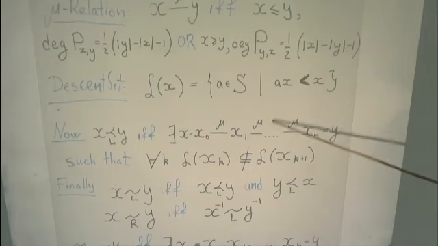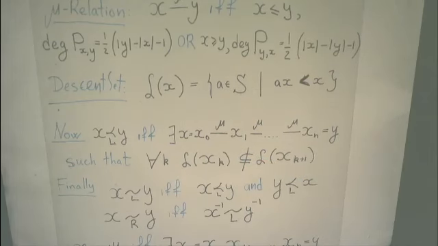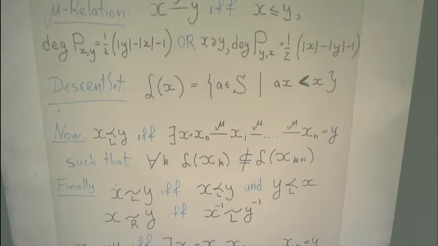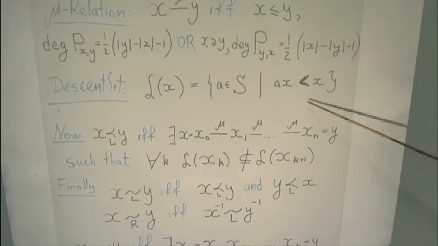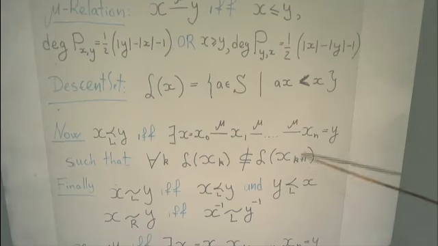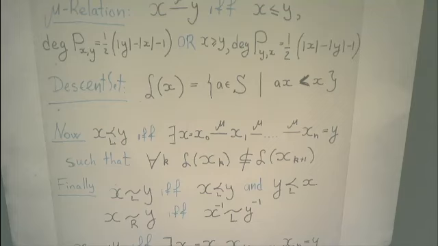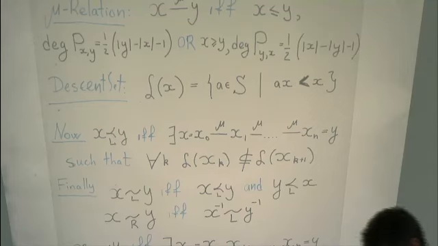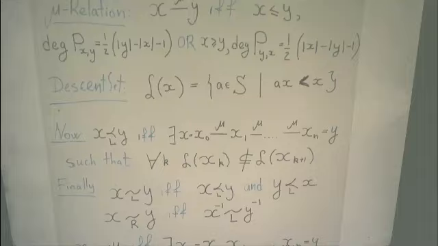Somewhere here you may have an element of length, say, 500 or 600, and you don't know where to stop. So you don't know up to which length you have to write your mu relations, and that's why it's not immediately clear whether it's computable. That's it. Any questions at this point?